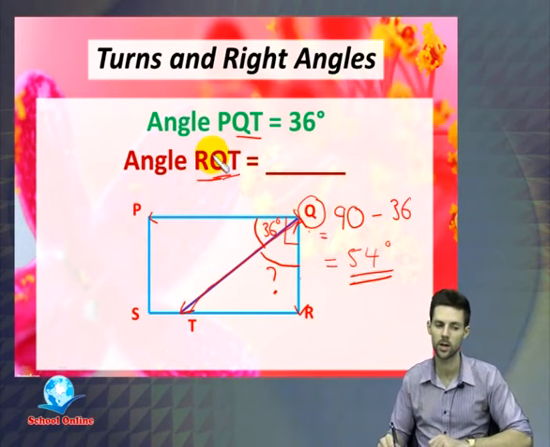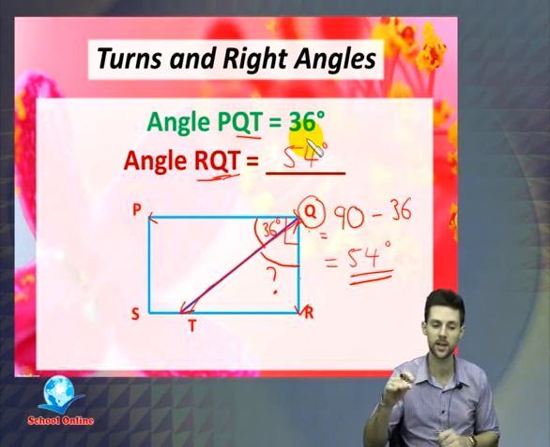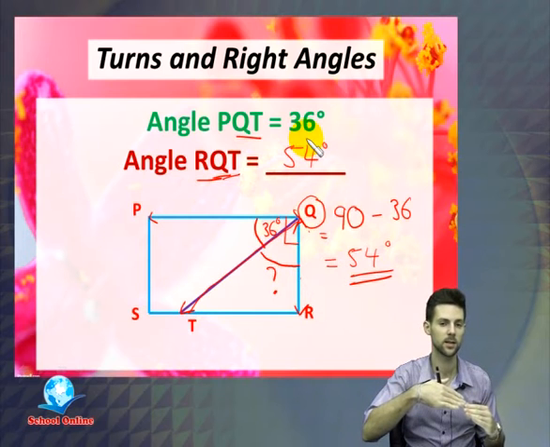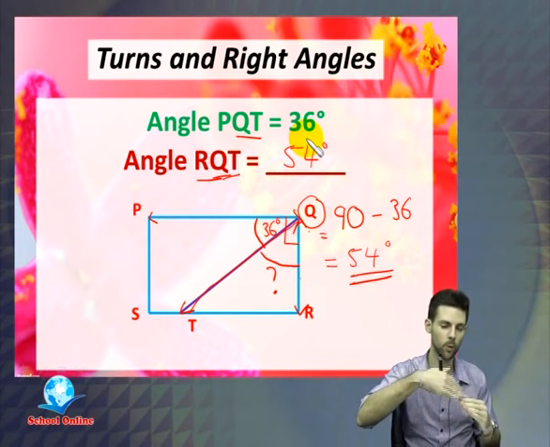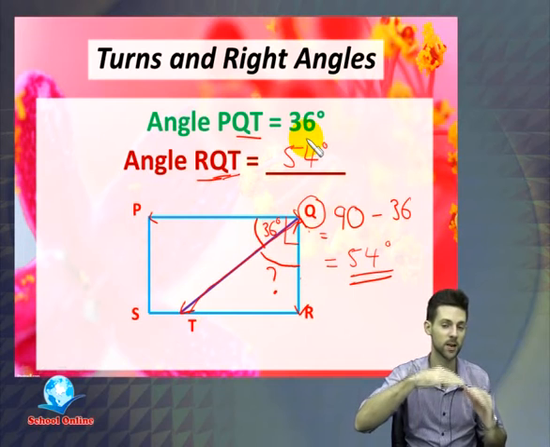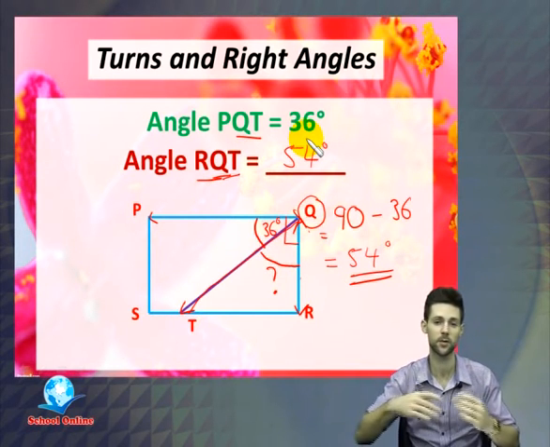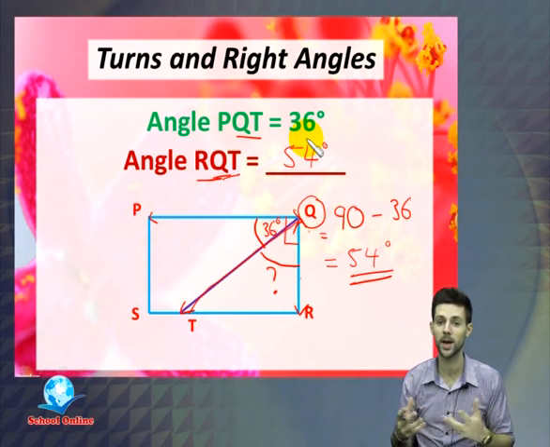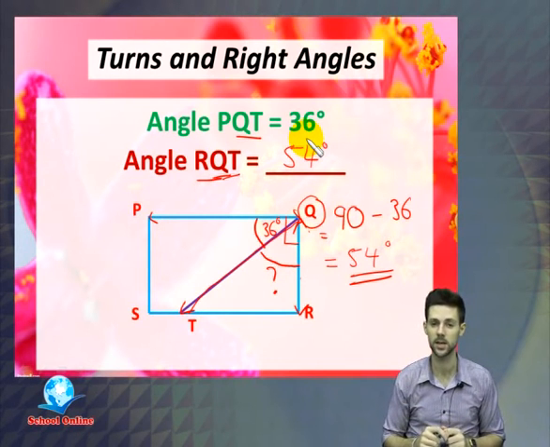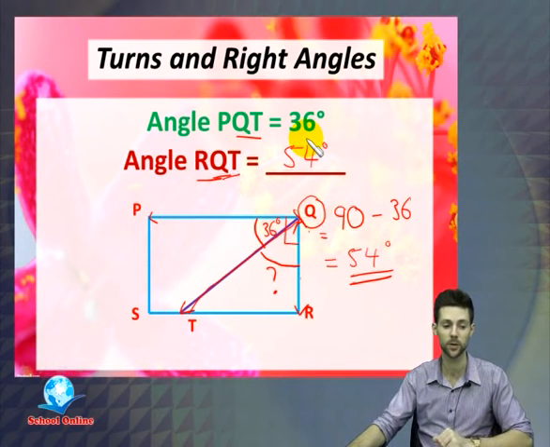So we can say that angle RQT is 54 degrees because the line QT has split the angle into one angle measuring 36 degrees, and because it is a right angle, we know that if we minus 36 from 90, we will get the remaining angle RQT. So angle RQT equals 54 degrees.